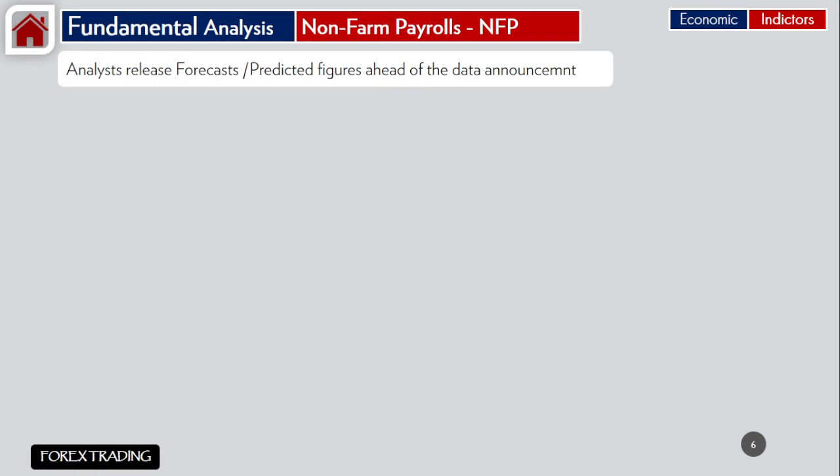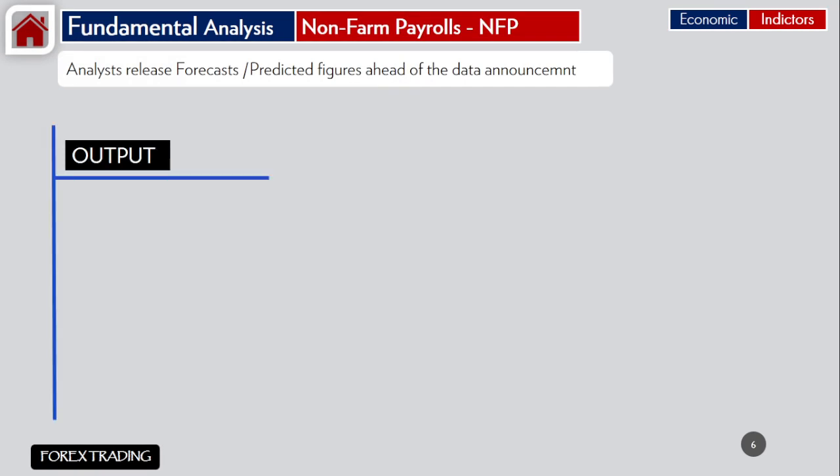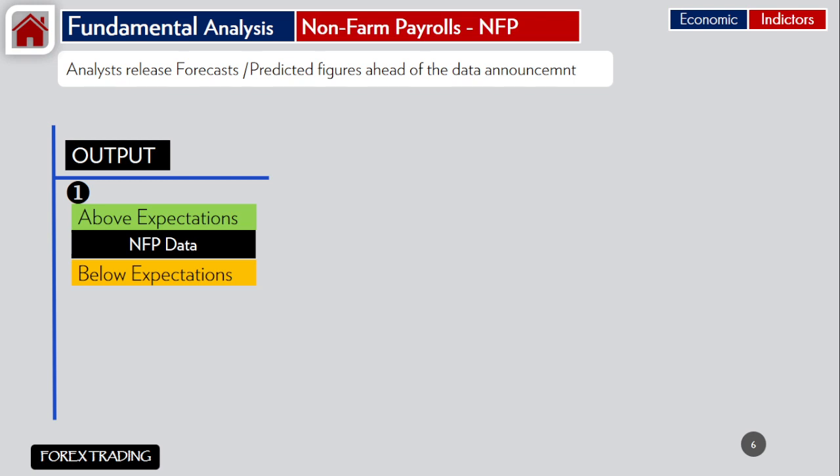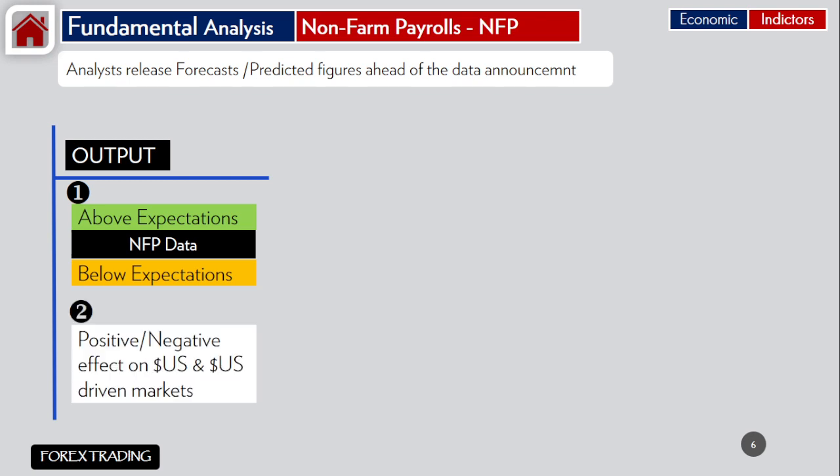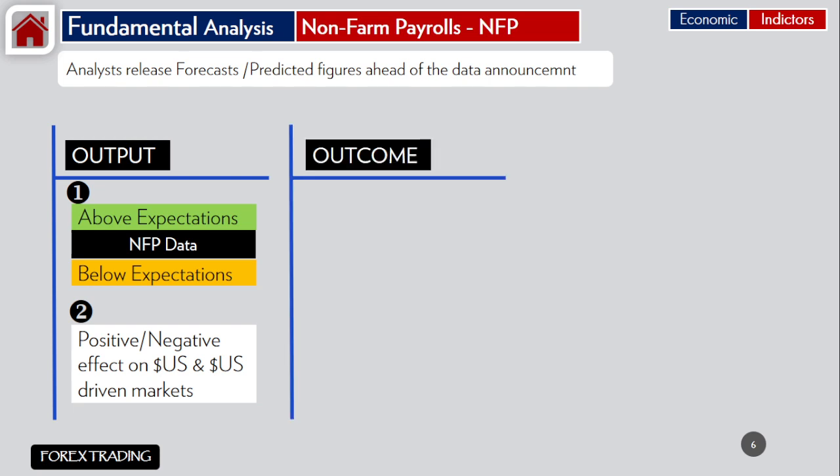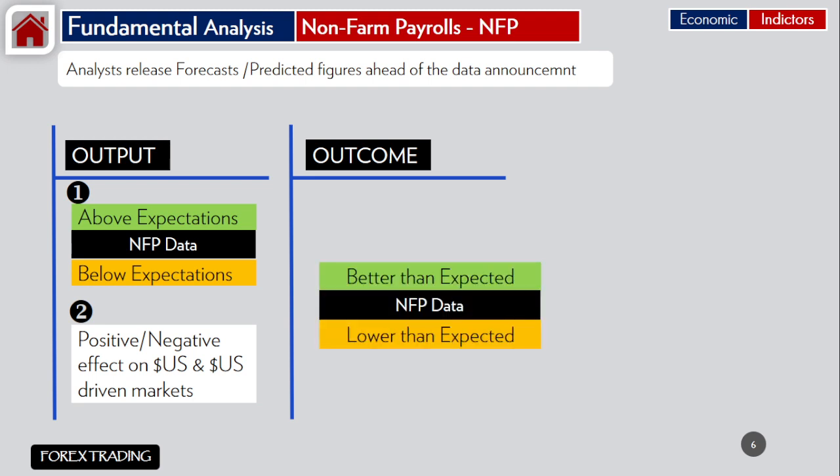So what happens when the data comes out? What is the output of this data? Either the NFP data can come above expectations or below expectations, so it could have a positive or negative effect on the US dollar or US dollar driven markets. If it's better than expected, then it means a strong US dollar versus other currencies.